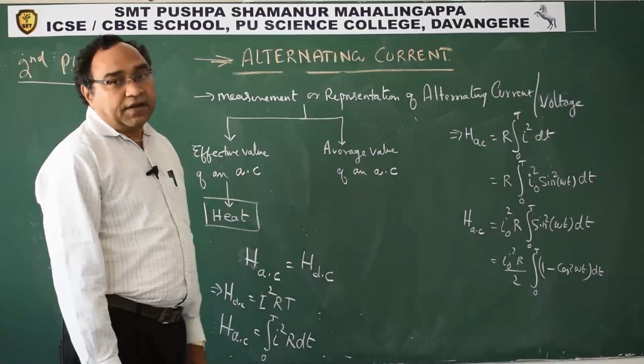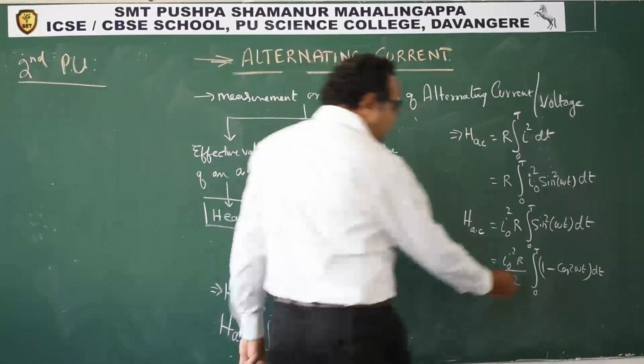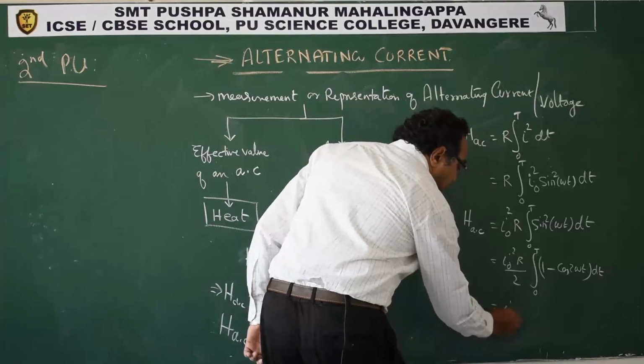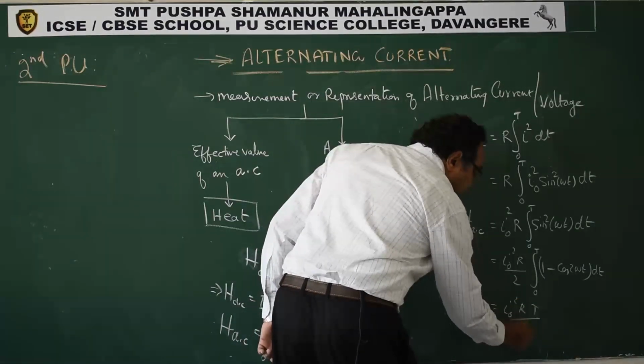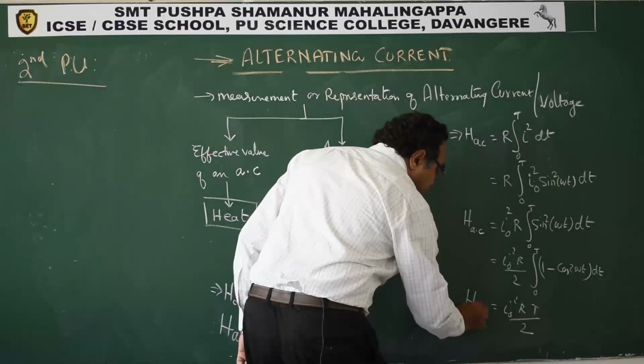Now it can be integrated. When you integrate this, you will get I naught square R t by 2.